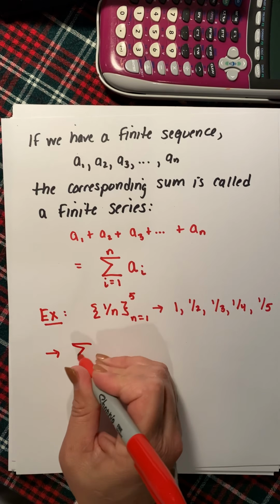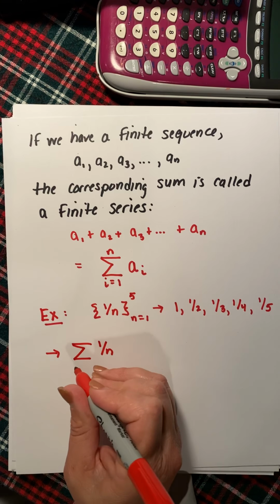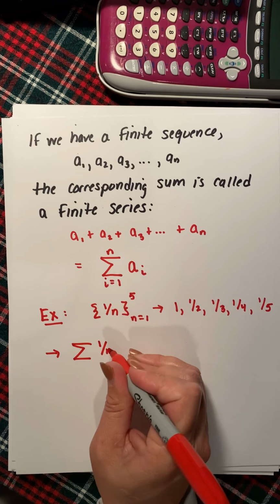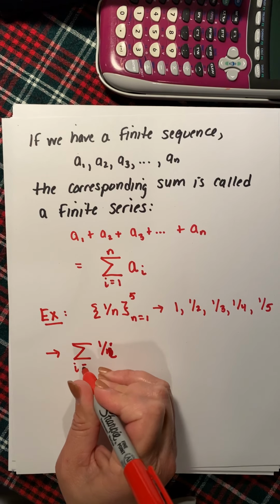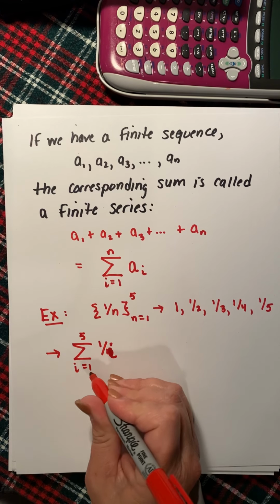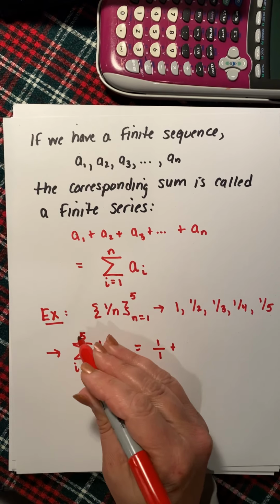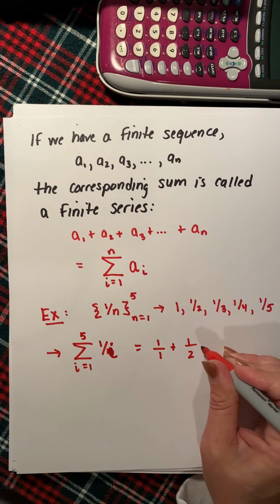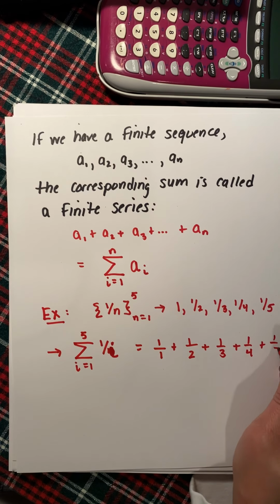So the corresponding series for this finite sequence, I'm trying to be consistent with my notation, I'm going to let i equals 1 to 5. So this says first plug in i equals 1, so it's 1 over 1, plus, and then go all the way up to 5 in increments of integers, plus 1/2, plus 1/3, plus 1/4, plus 1/5.